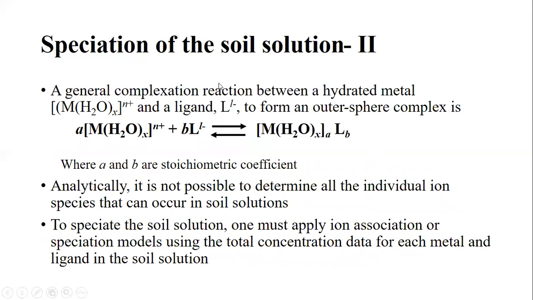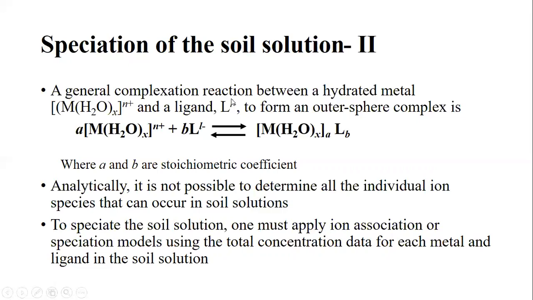Now we talk about a general complexation reaction between a hydrated metal, M(H2O)X to the N plus, the same one we used in the previous slide, and a ligand, L we named it, that carries small l negative charges.